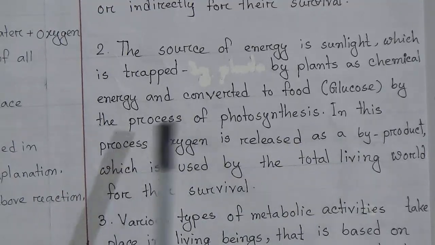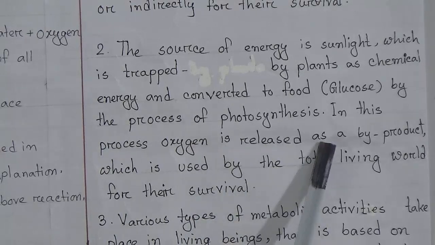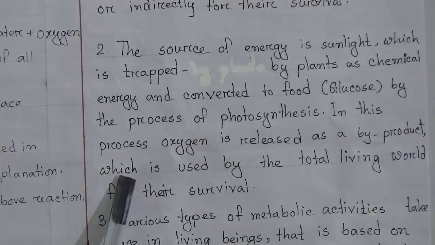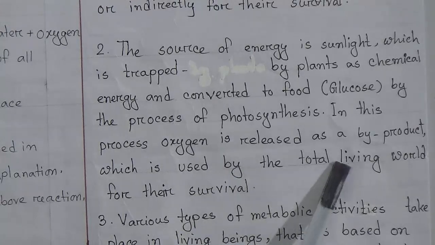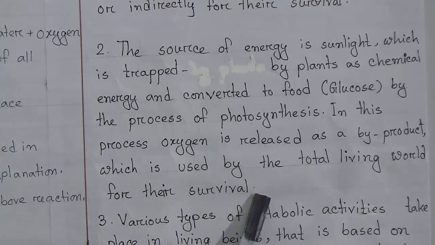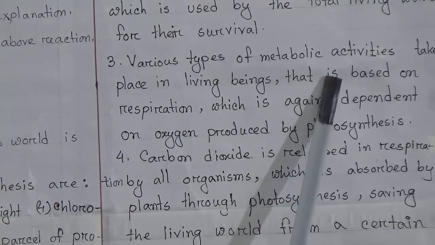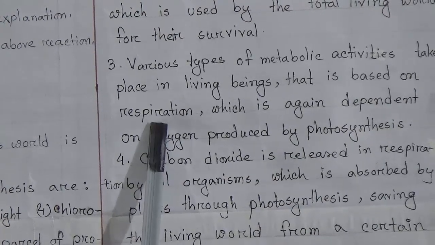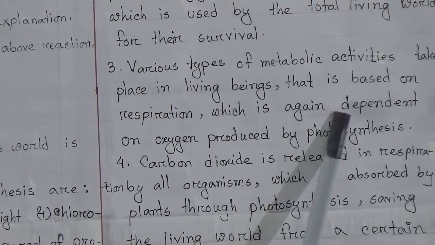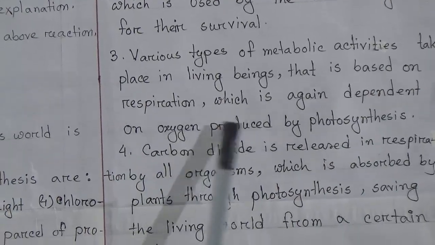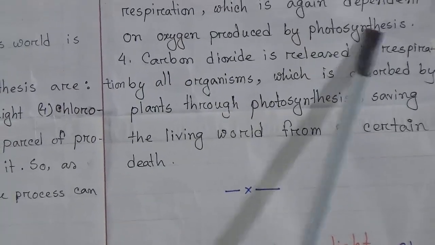In this process, oxygen is released as a byproduct, which is used by the total living world for their survival. Now, the third importance: various types of metabolic activities take place in living beings, which are based on respiration, which is again dependent on oxygen produced by photosynthesis.